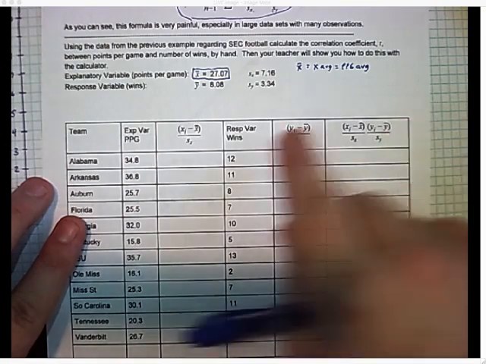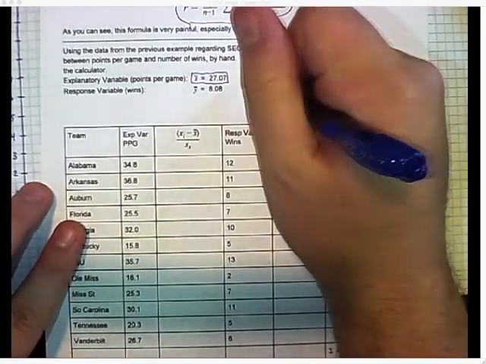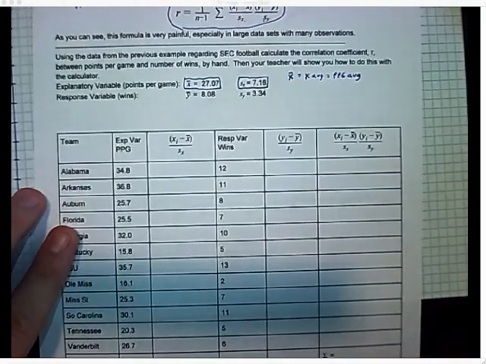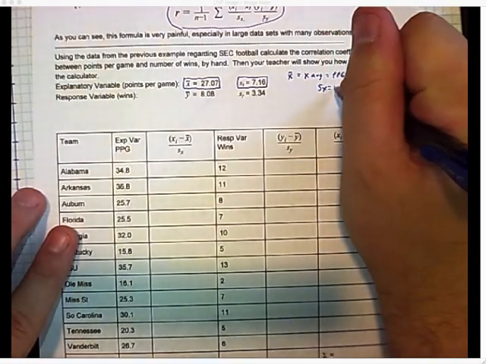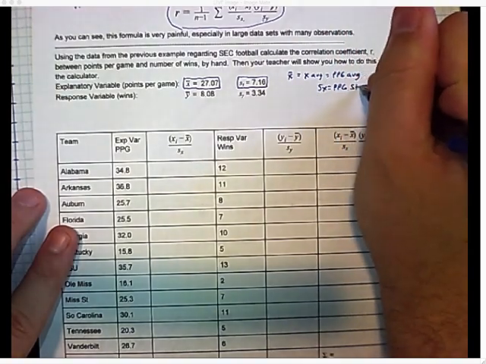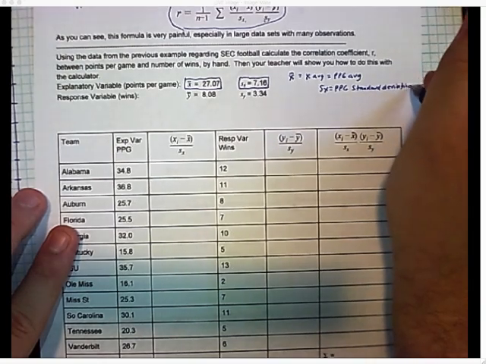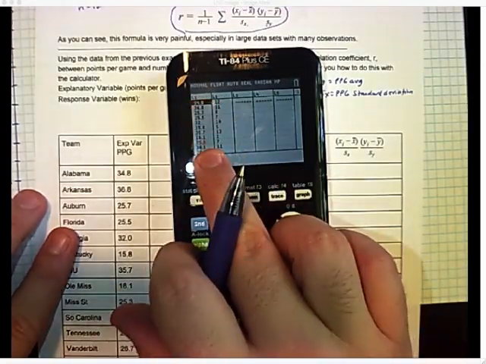So how did I know that was 27.07? And what does this thing represent? That's the standard deviation of X. So SX would be the points per game standard deviation. How do I know that? Well, remember where my data was. My data for points per game was in list 1.